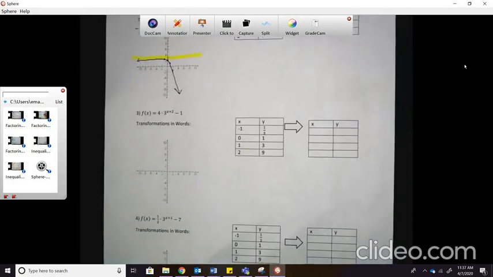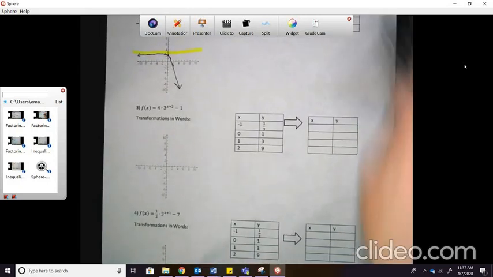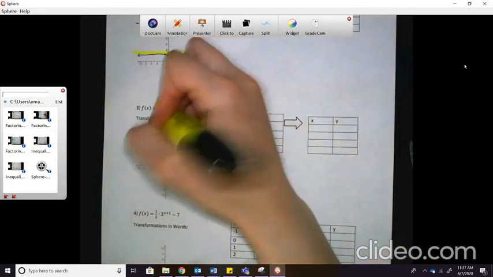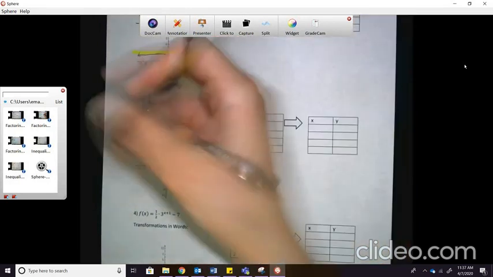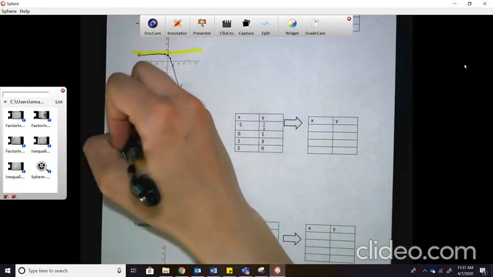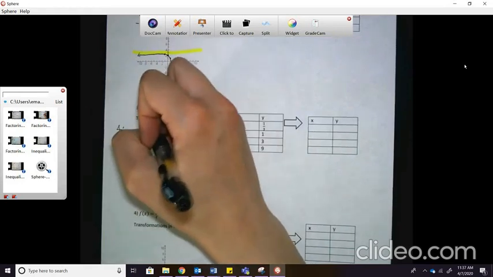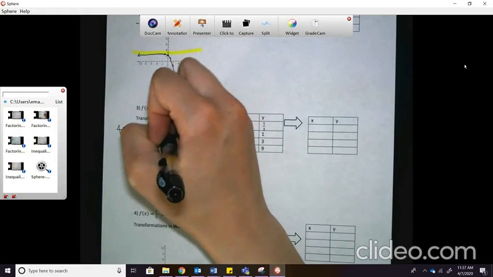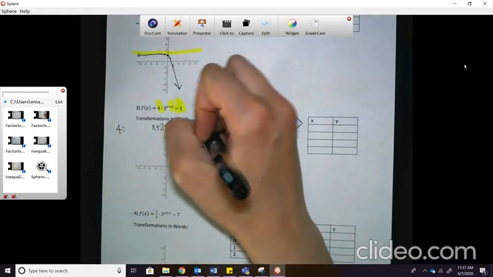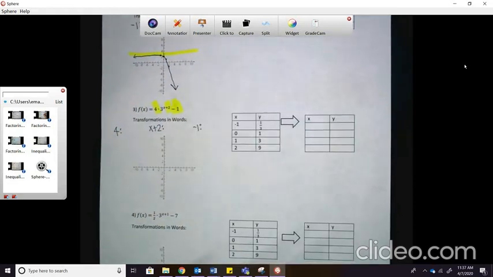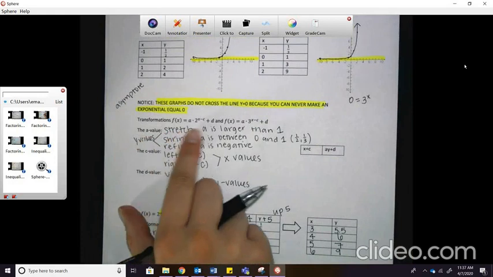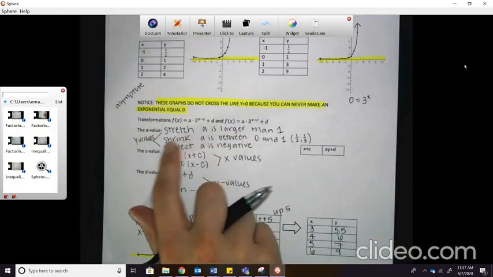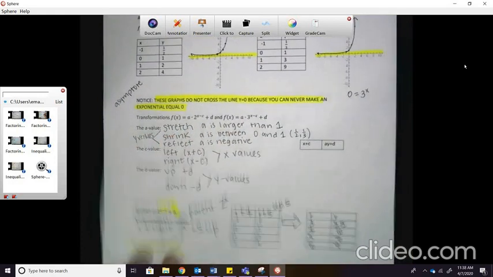Okay, so my next one, I have now all 3 types of transformations going on here. So I have a 4 in front, I have an x plus 2, and I have a minus 1 on the end. So the 4 in front, that is an A value. 4 is larger than 1, so we are going to stretch our graph.